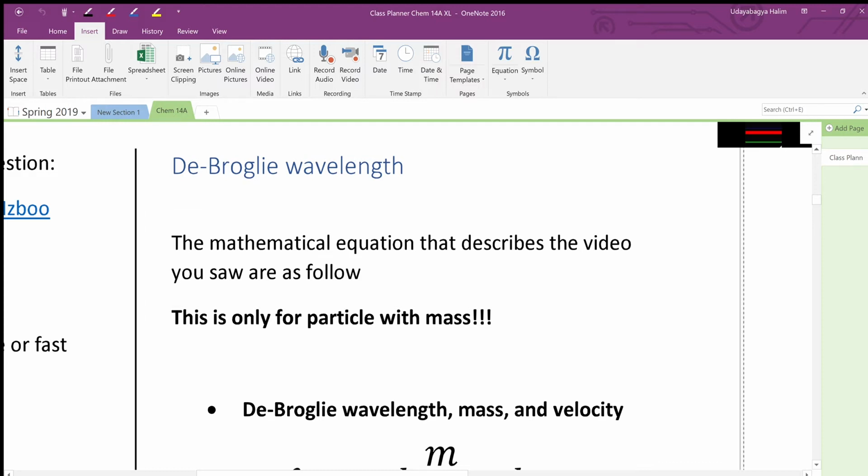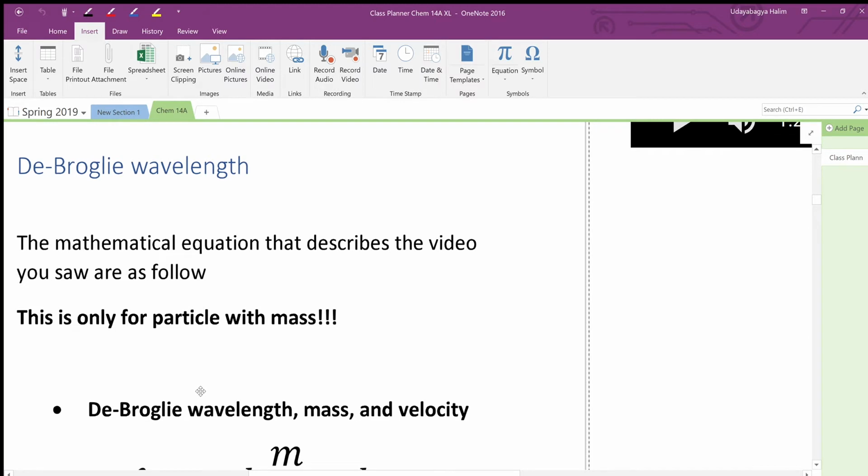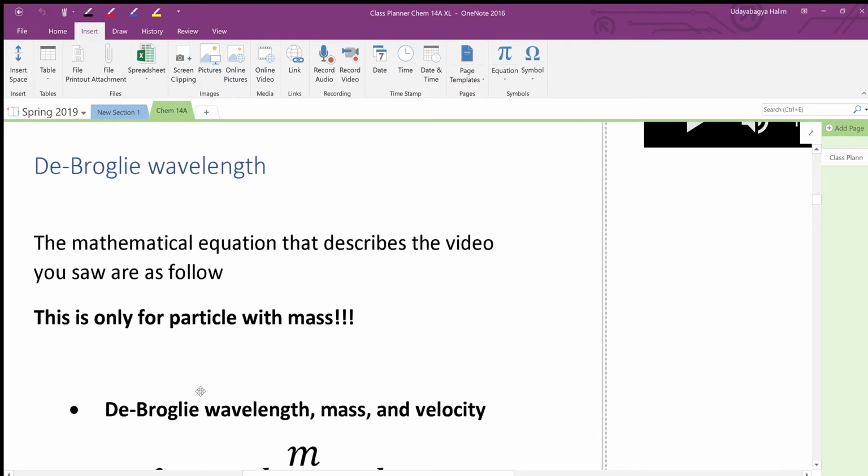Now, so far we've only been talking about the particle of light. But the thing is, light, or photons, is a really weird particle because, for one, it moves at the speed of light. It moves at 3 × 10⁸ meters per second, which is an incredibly fast speed.